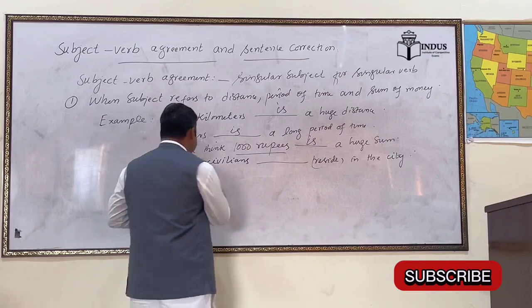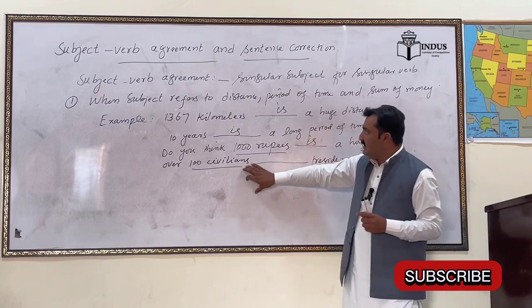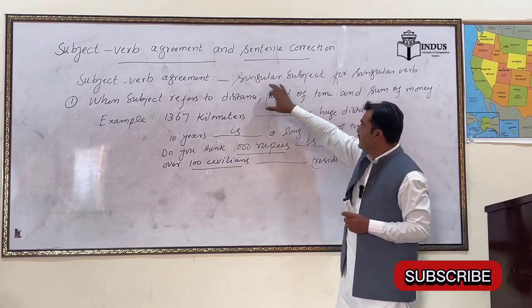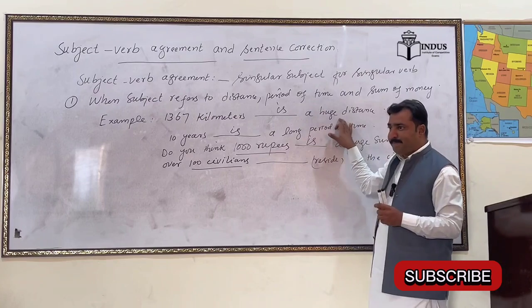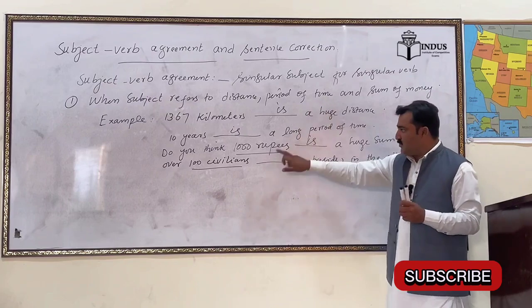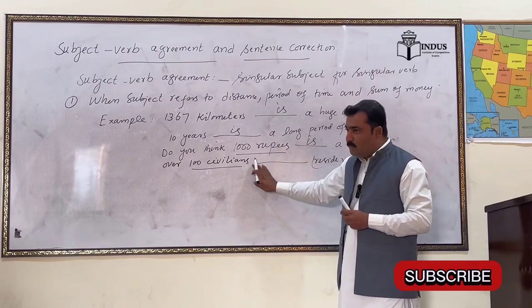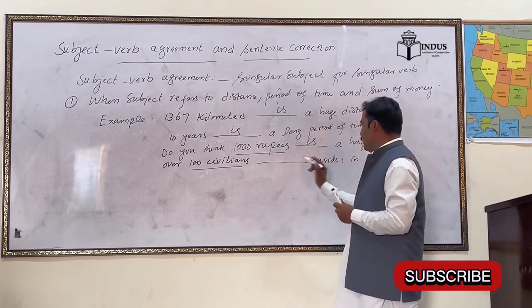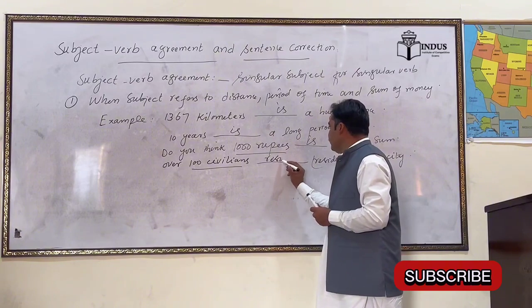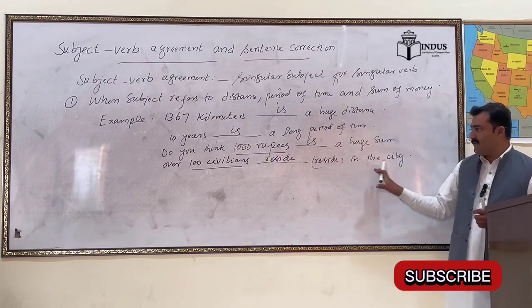So here this subject is plural because it isn't a distance, sum of money, or period of time. So we will treat this subject as plural, not as singular. So here we will write that over 100 civilians reside in the city.